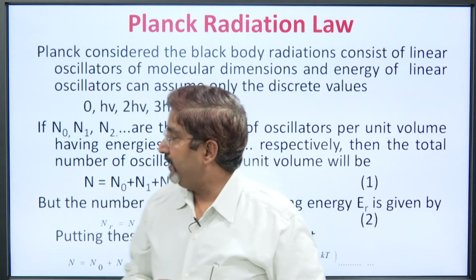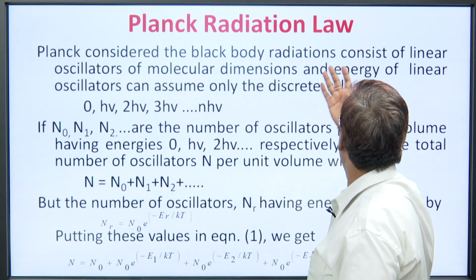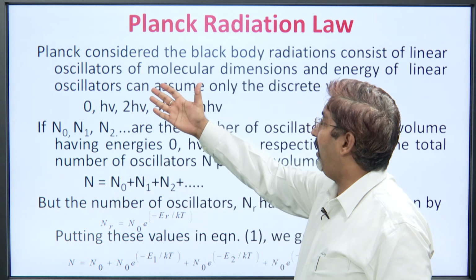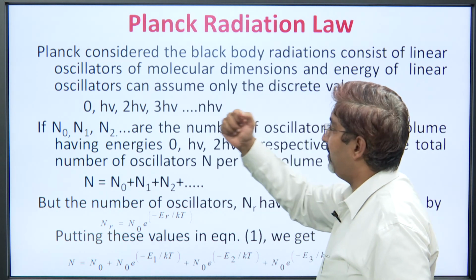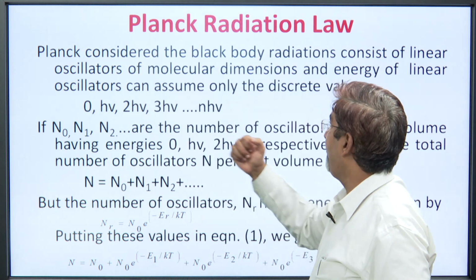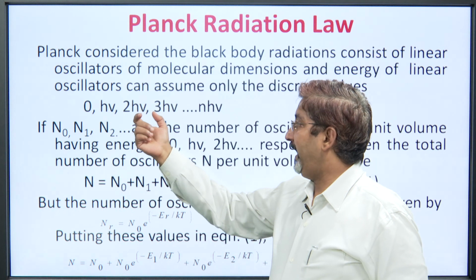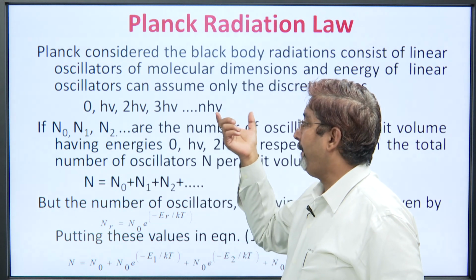So, he derived it in this way. Planck considered the black body radiation consists of linear oscillators of molecular dimension, and energy of a linear oscillator can assume only the discrete values, that is 0, h nu, 2 h nu, 3 h nu and so on.